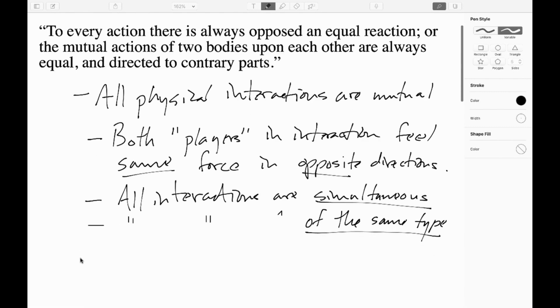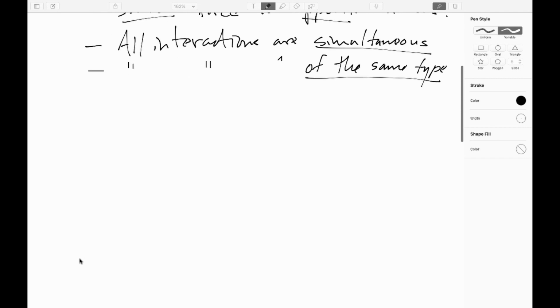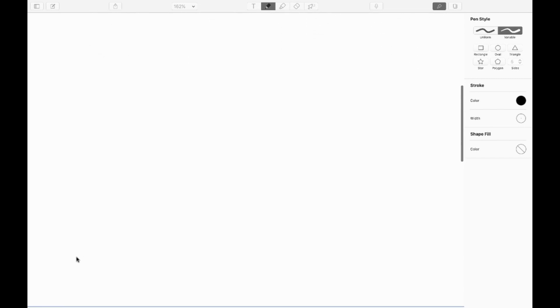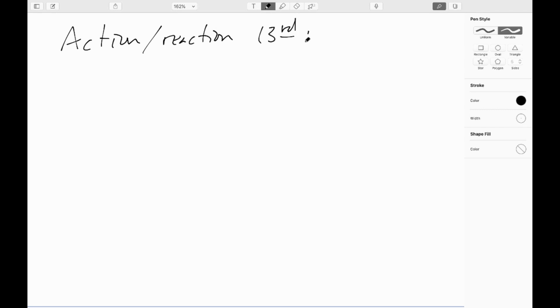So this leads to the idea of an action-reaction pair, or they're also known as third law pairs. I'll probably use both terms roughly equally.